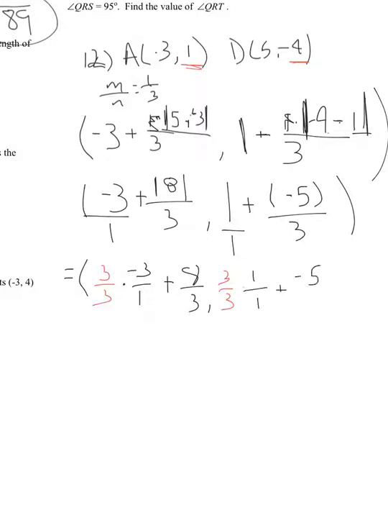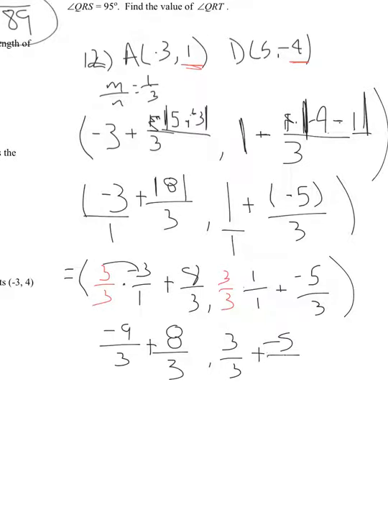We'll leave that as -5. 3 times -3 is -9/3. So you're going to add that to 8/3. And of course, 3/3 times 1/1 is 3/3 plus -5/3. And then -9 plus 8 is -1/3. 3 plus -5 is -2, and there's your answer.